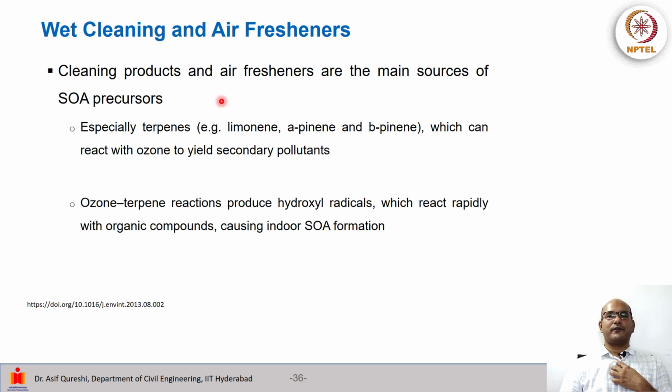Cleaning products and air fresheners are generally a main source of secondary organic aerosol precursors, especially terpenes, for example limonene, alpha-pinene and beta-pinene, which can then react with ozone and yield secondary organic aerosols. In general, ozone-terpene reactions will produce hydroxyl radicals, which are oxidizing agents, and they will react rapidly with organic compounds and cause indoor secondary organic aerosol formation.